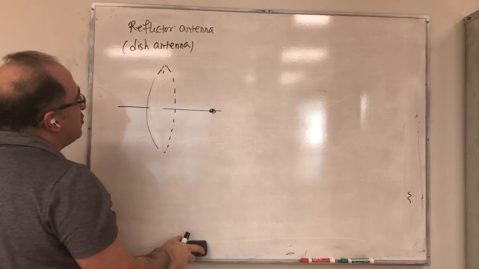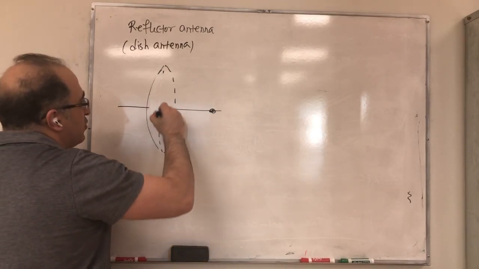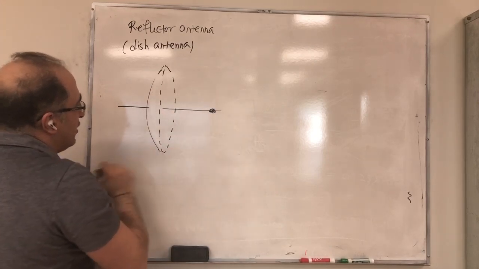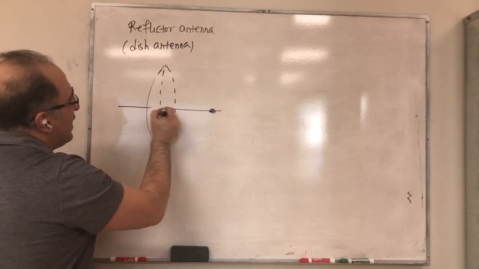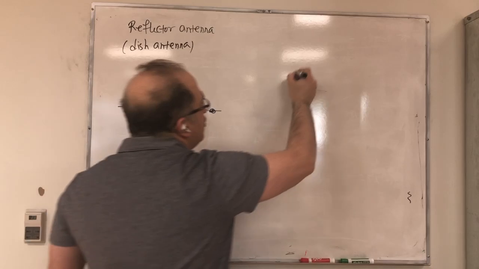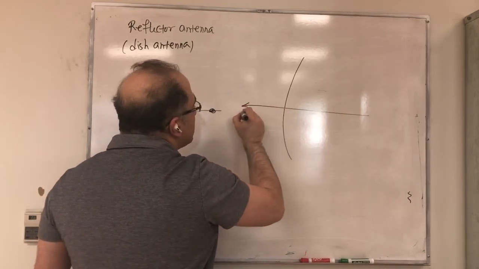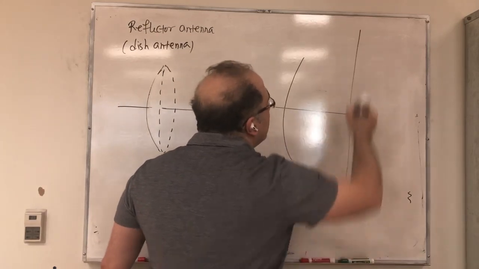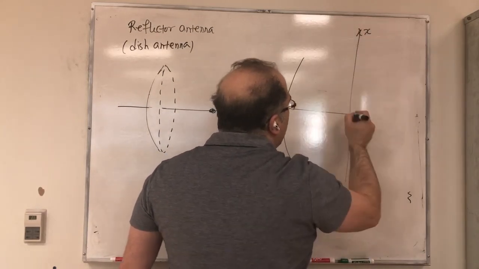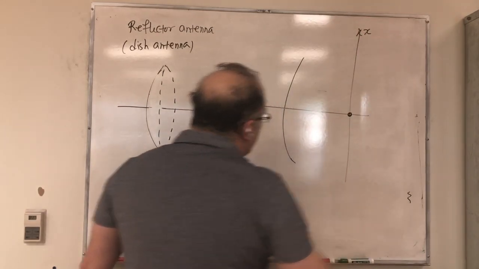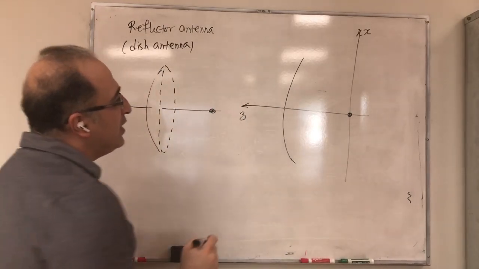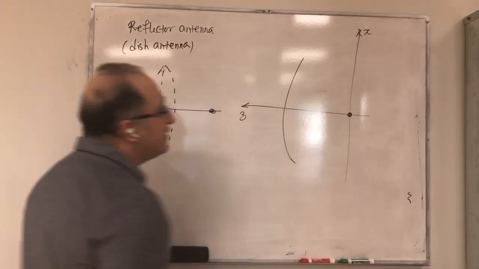Imagine you have your paraboloid like that. If I consider a two-dimensional cross-section of this, let's consider this to be Z, and this to be X. A parabola has a focal point. Let's assume the focal point is at the origin.